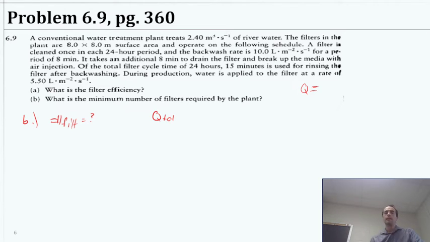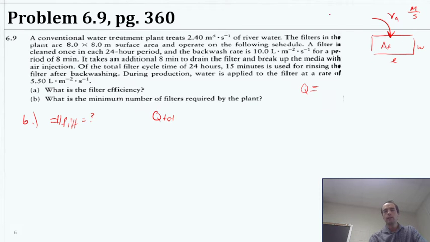So if a loading rate is just the velocity, and then we have some area, length times width, this is the area of the bed or the filter. To know the amount of flow, we take the speed of the flow through that, multiplied by the area, because the velocity is in meters per second.